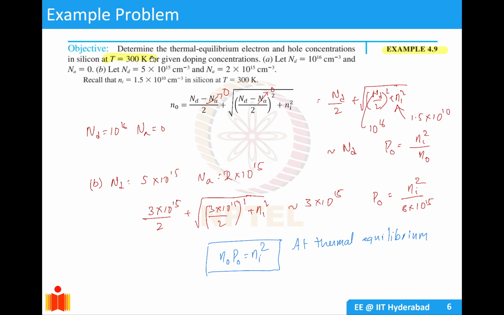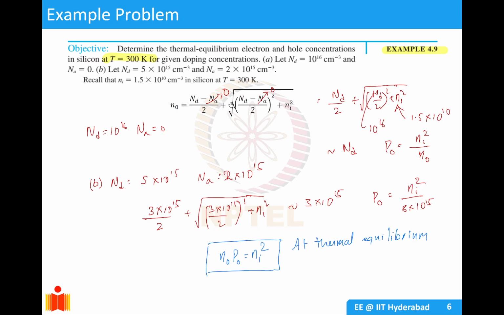So this is one example problem. At 300 Kelvin, you are given Nd equals 10 to the power 16 and Na is given as 0. So you have only done donor doping, not acceptor doping. ni is taken as 1.7 times 10 to the power 10 per centimeter cube.